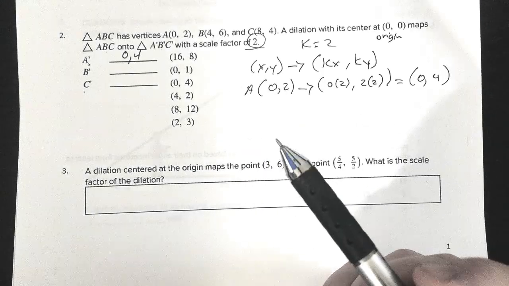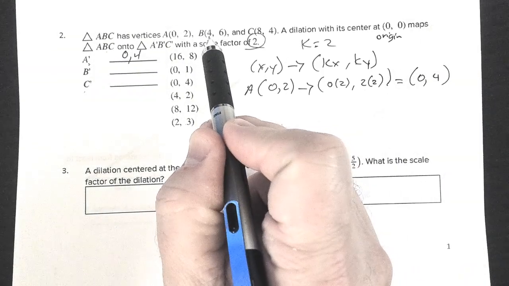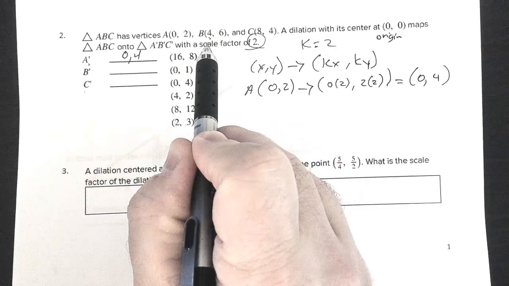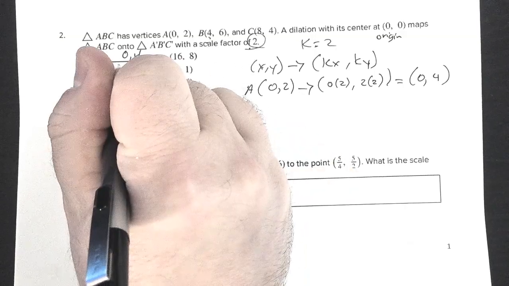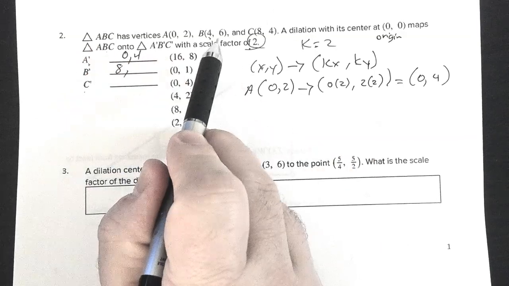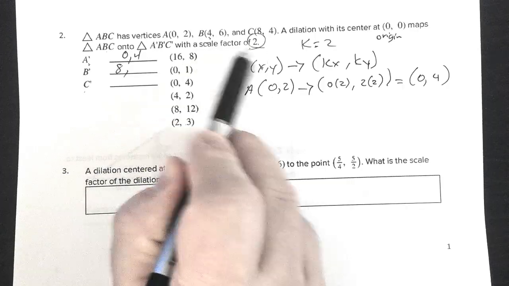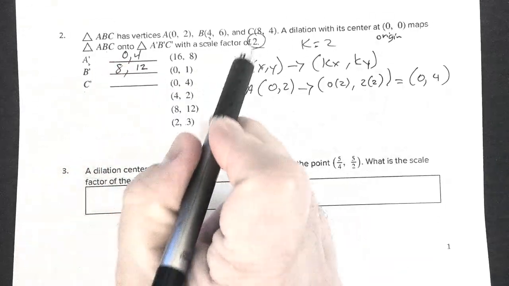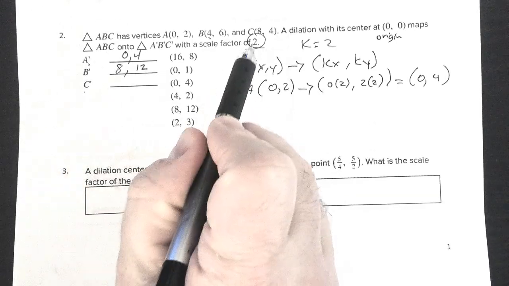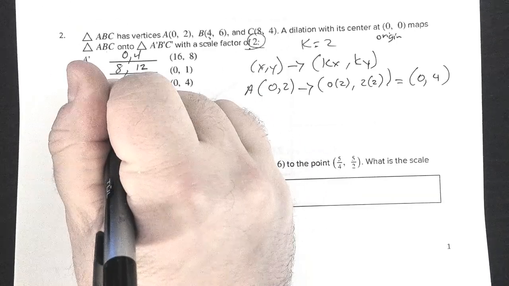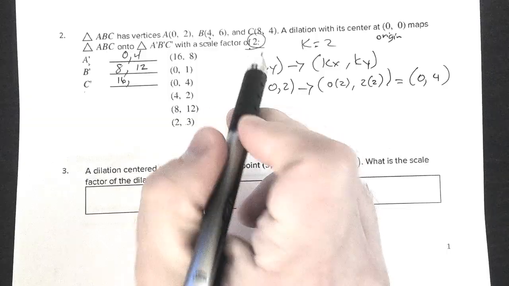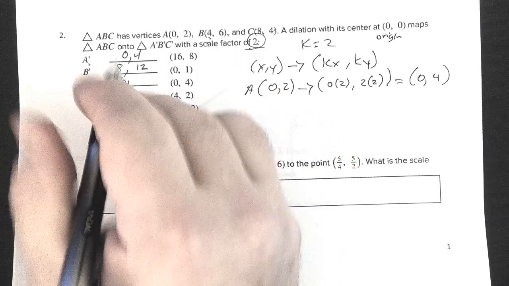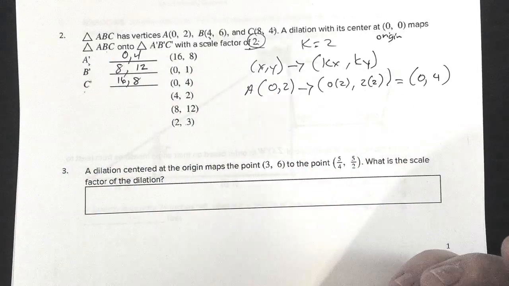This is just step by step what I'm going to point at now. For B, the x coordinate is 4. 4 times 2 is 8. Now the y. Y is 6. 6 times 2 is 12. Now we go to C. 8 times 2 is 16. 4 times 2 is 8.